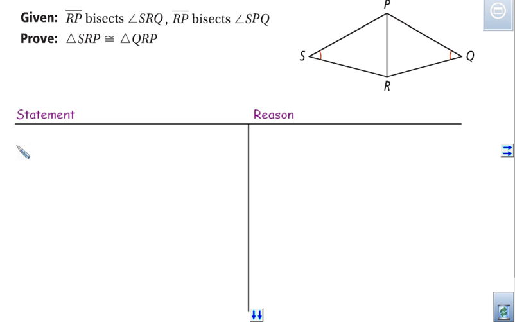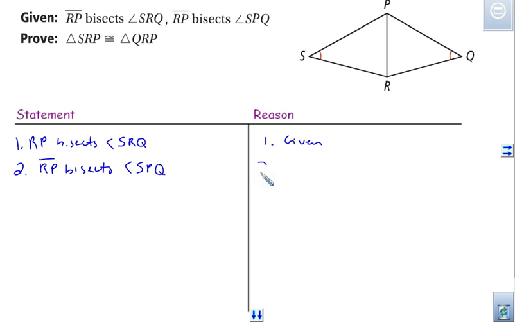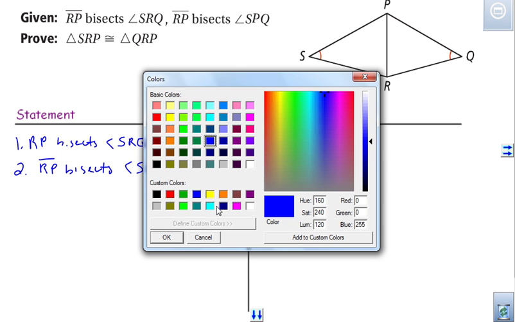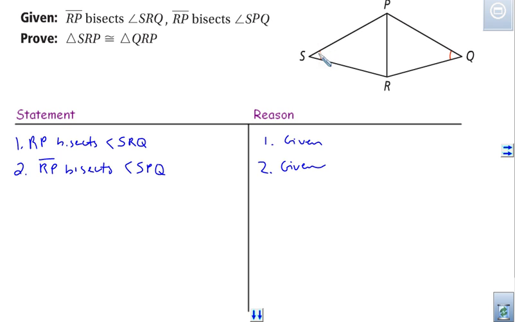Here is our next proof. Please get your givens written. All right, looking at this question, I do not see any given information, so that's why I took off those red angle markings.